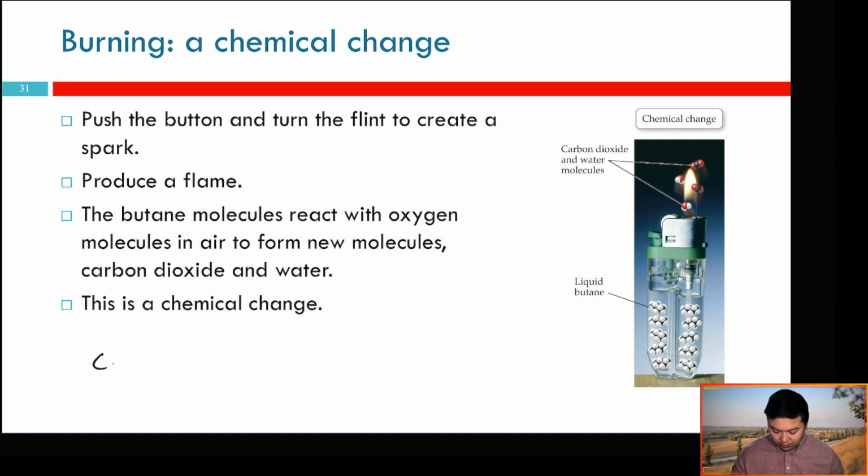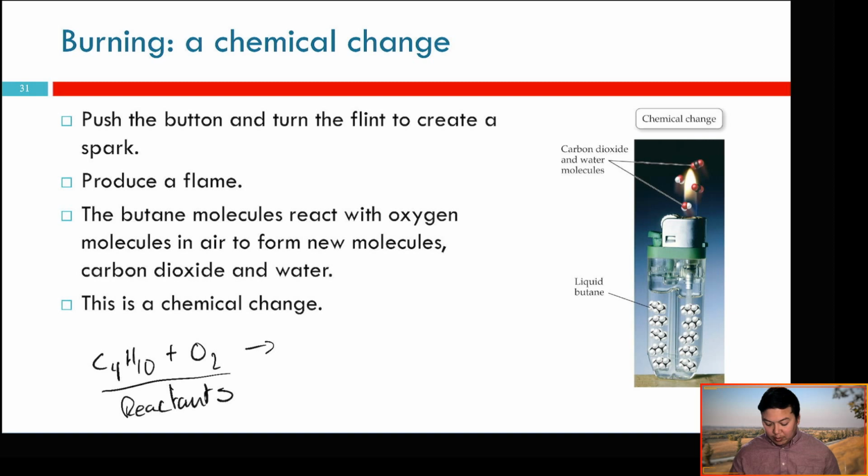When we have butane, we have 4 carbon atoms, 10 hydrogen atoms, and we're adding oxygen. I'm not going to balance this, but these are our reactants. And we're undergoing a chemical change. Delta is the sign in chemistry for heat. We add heat, and that causes it to change into CO2 plus water, which is H2O. And these would be our products.